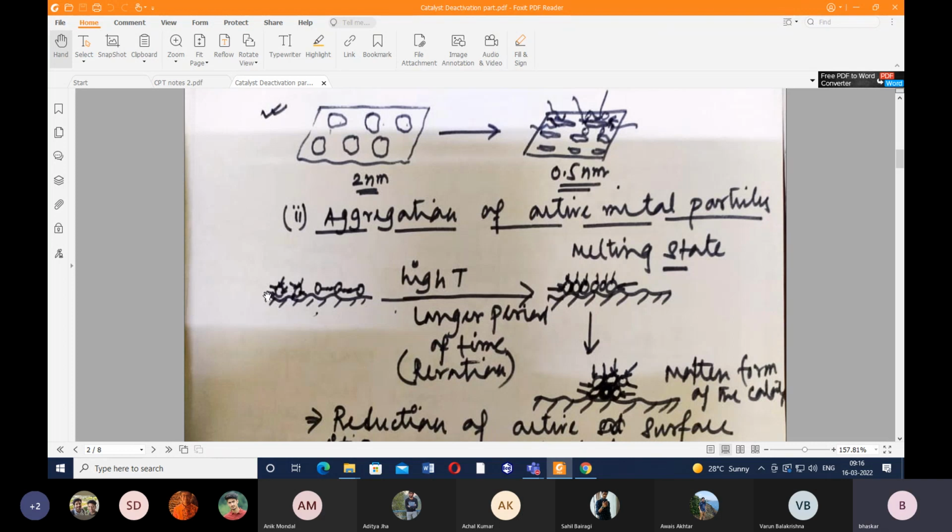As time progresses, what will happen? These particles will come closer to each other. These adjacent active metals will come in contact with each other, and at one point they will touch in this fashion.